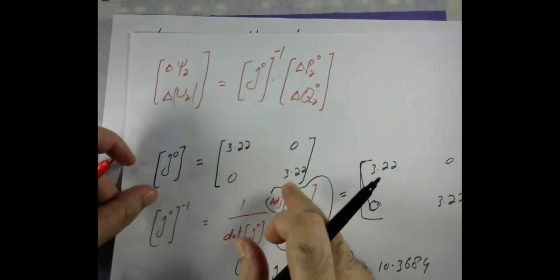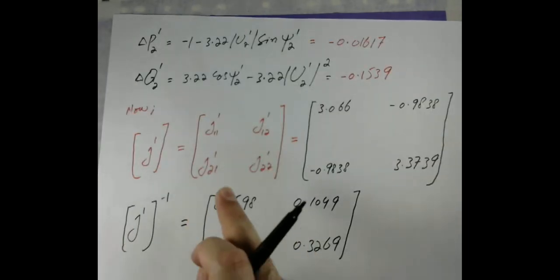So now I will use the updated values and I will get the power mismatches.